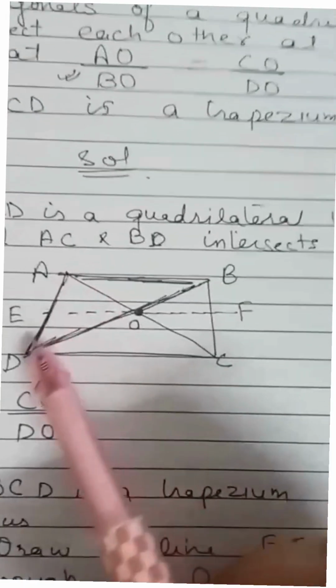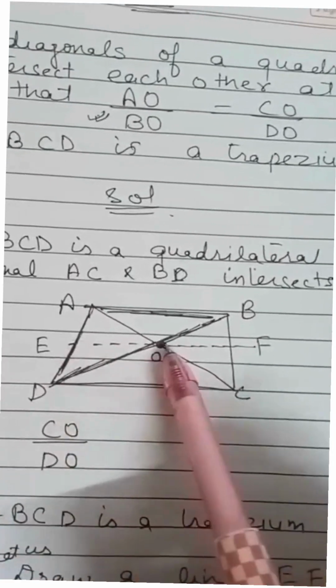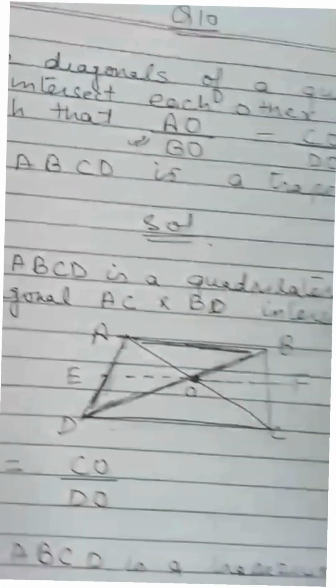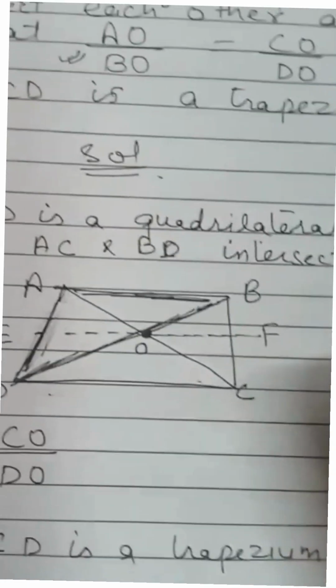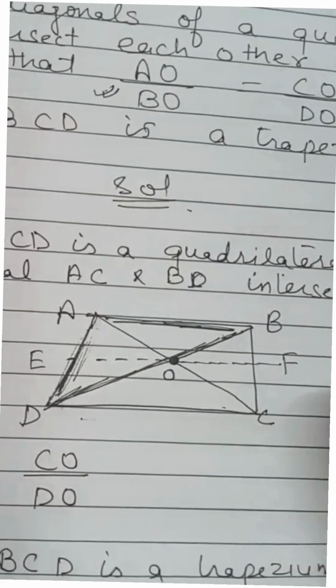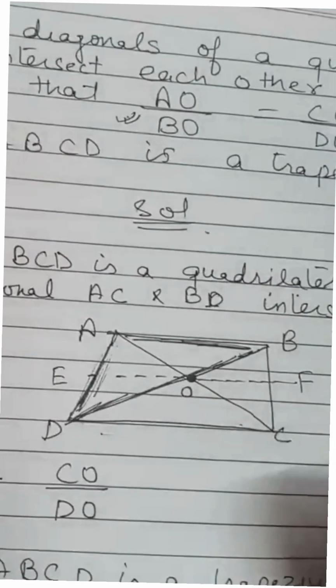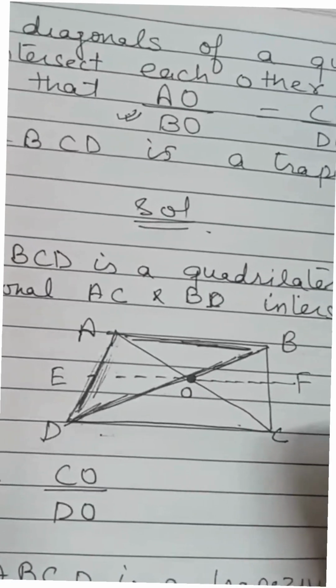In triangle ADC, line EO divides the triangle in the same ratio. To understand this, we can draw the other portion separately. Give the names A, D and C, and this line EO intersects it. See, the same figure, right?